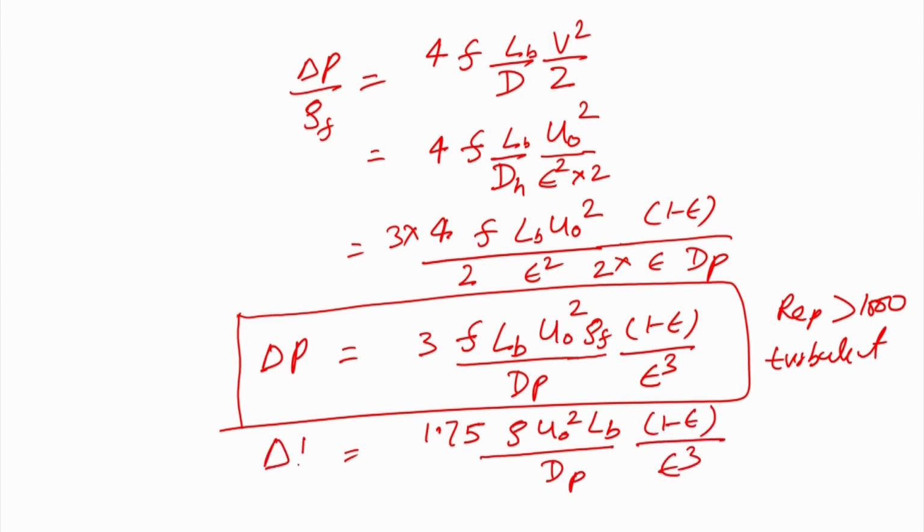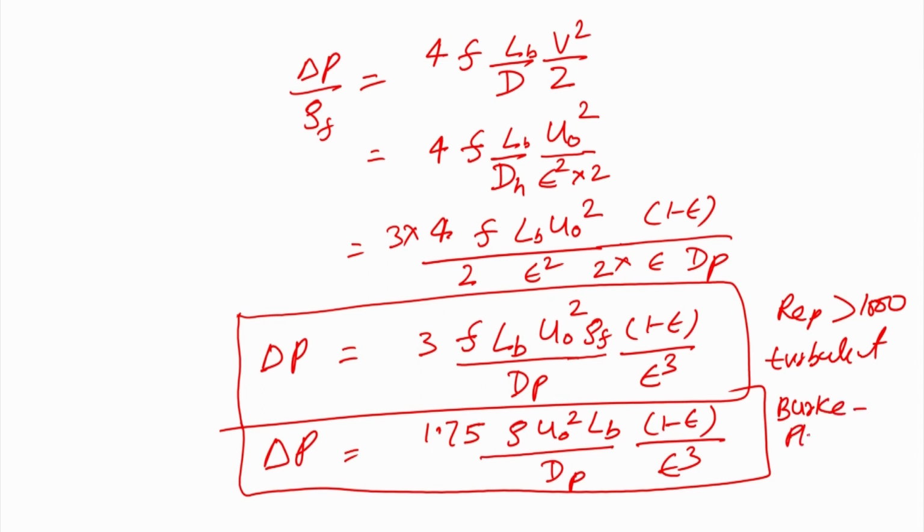That is the experimental observation, and this is valid for turbulent flow, Reynolds number of particle more than 1000. Again, this is a class of equation which is called the Burke-Plummer equation, which gives delta P in the turbulent flow.